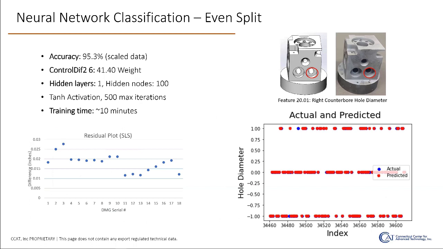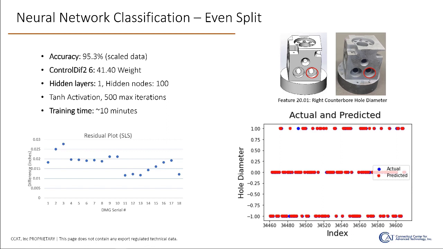So we tried quite a few machine learning models. This is using scikit-learn in Python. And we did a neural network with a classification. That means we used the z-scores mentioned previously. And it was able to hit very reasonable accuracy measures with a reasonable training time of 10 minutes.